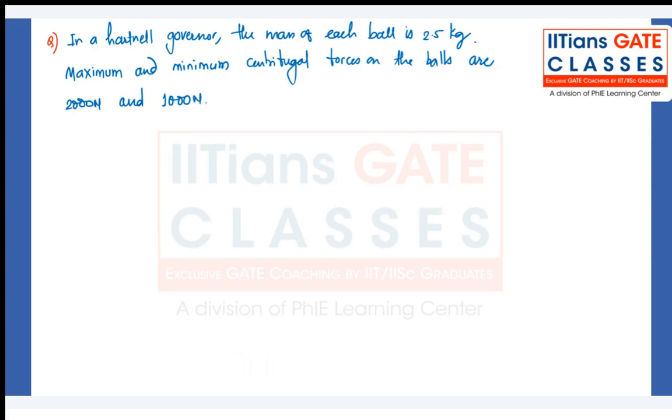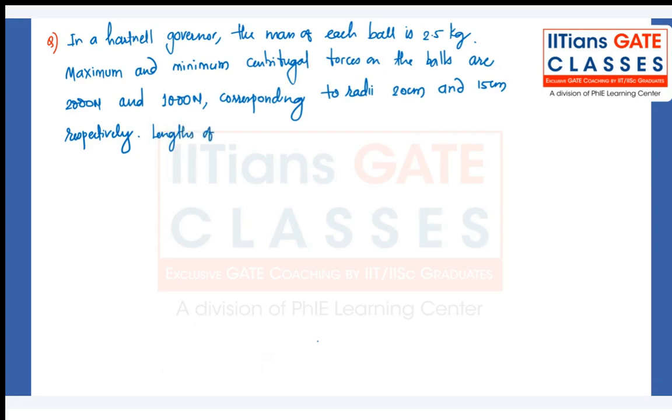Corresponding to radii 20 centimeter and 15 centimeter respectively. Lengths of vertical and horizontal arms of the bell crank levers are the same.